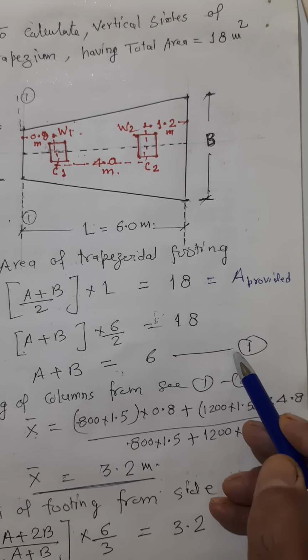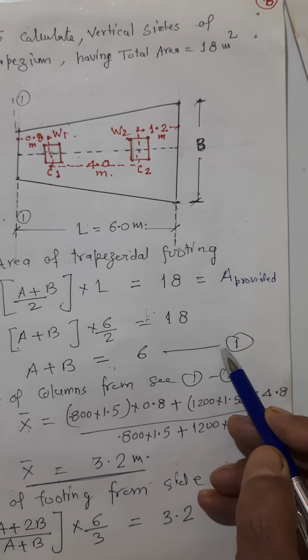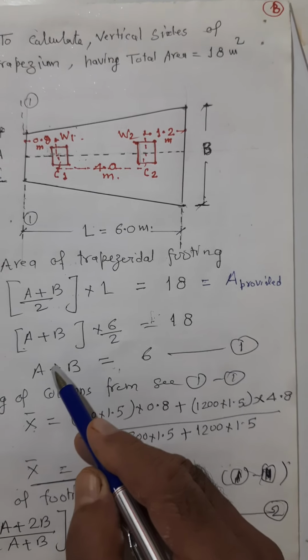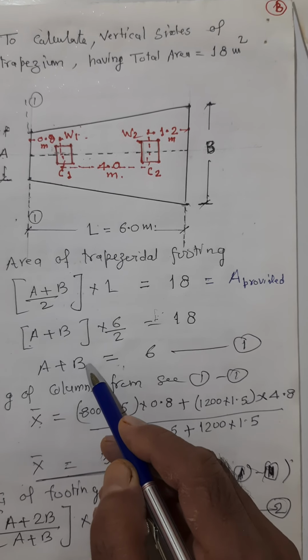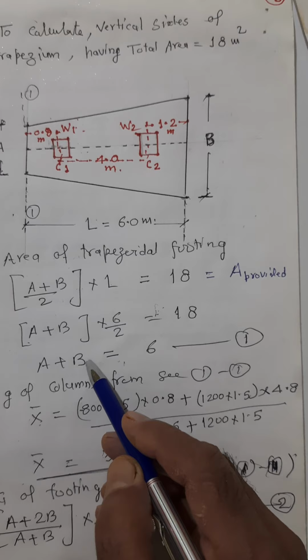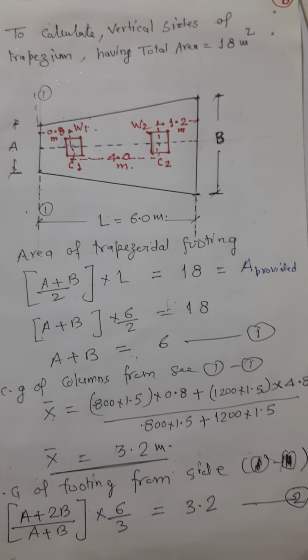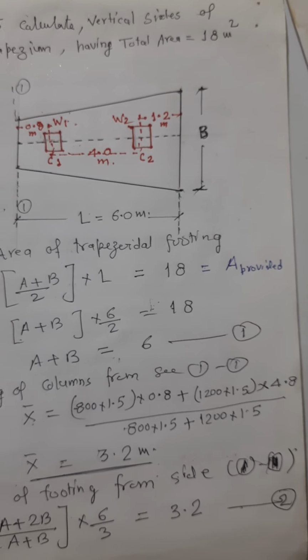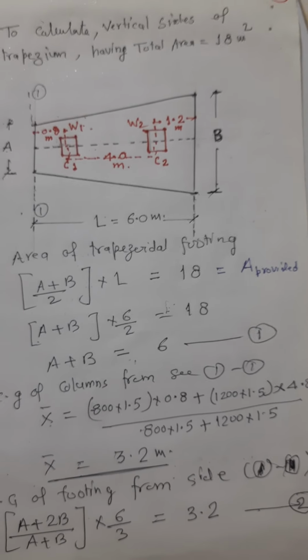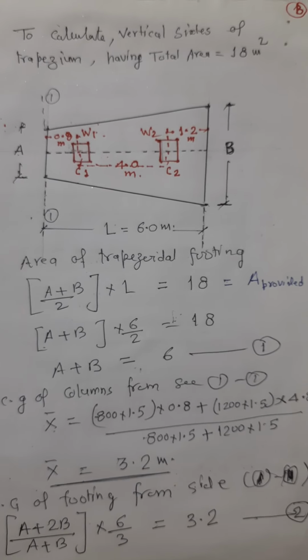This is equation number 1 in terms of area that we have calculated. But still A and B are unknown. To calculate the unknown A and B, we will have to find another equation in terms of A and B, so that with two unknowns and two equations, A and B can be very easily calculated.